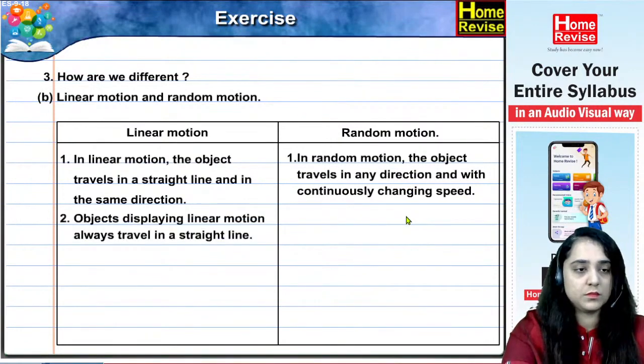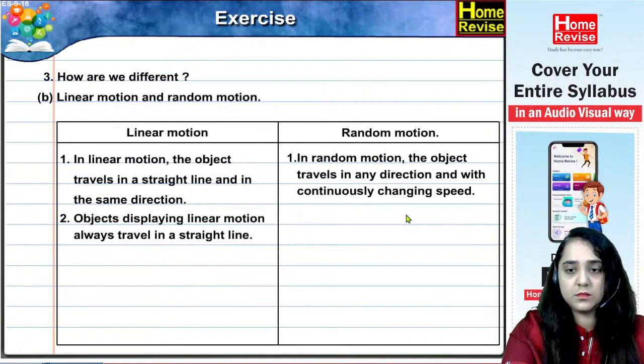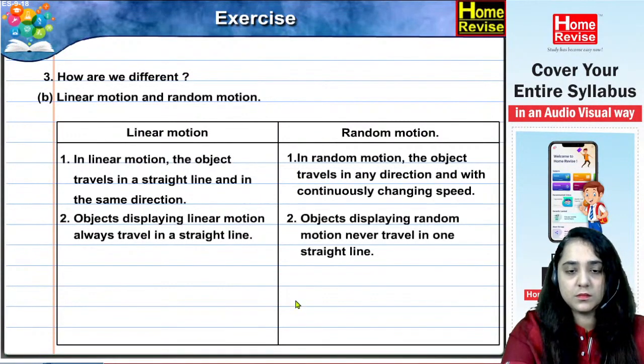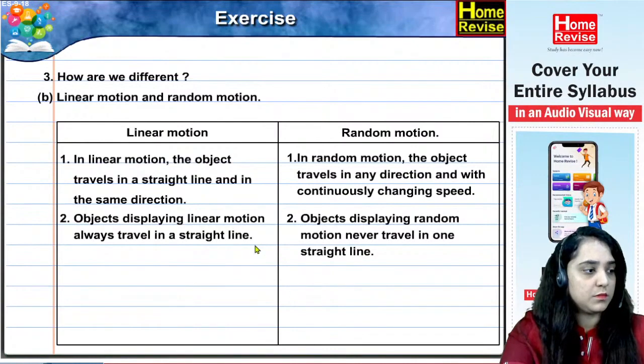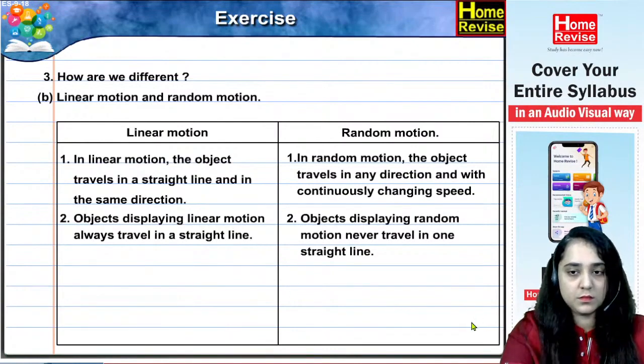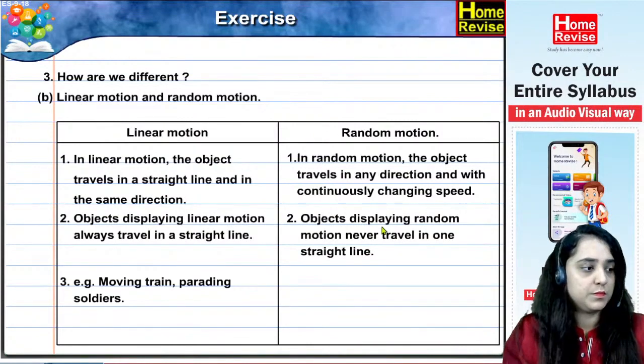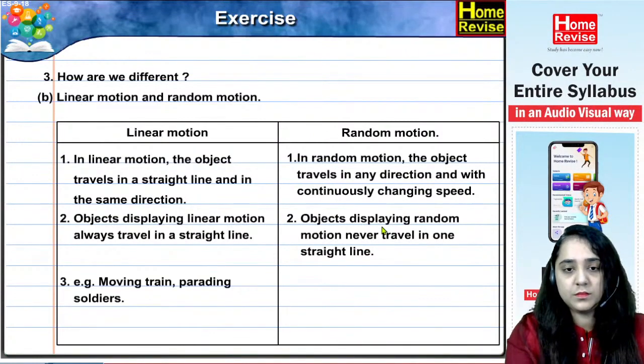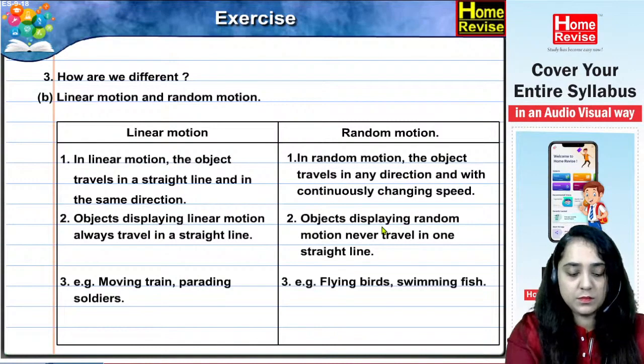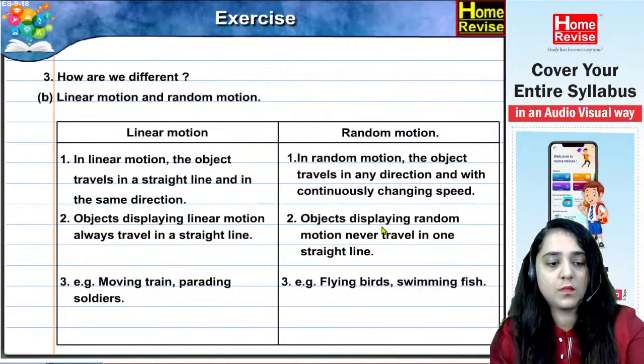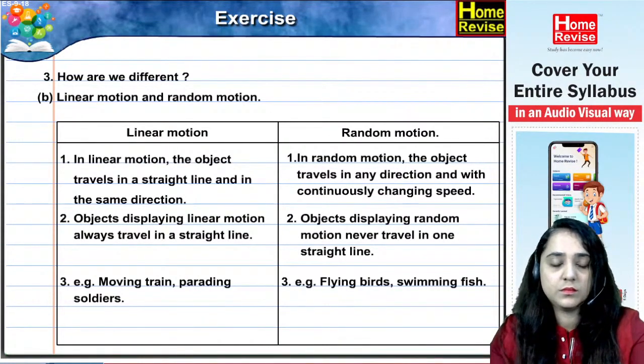Point number two. Objects displaying linear motion always travel in a straight line. Objects displaying random motion never travel in one straight line. Point number three. Examples: moving train, parading soldiers. Examples: flying birds, swimming fish.